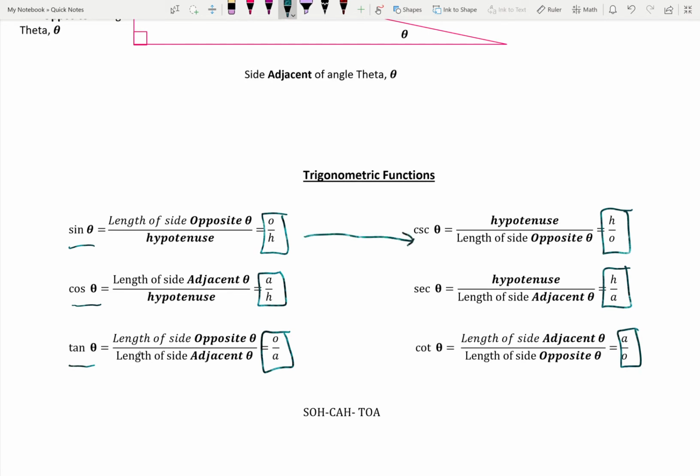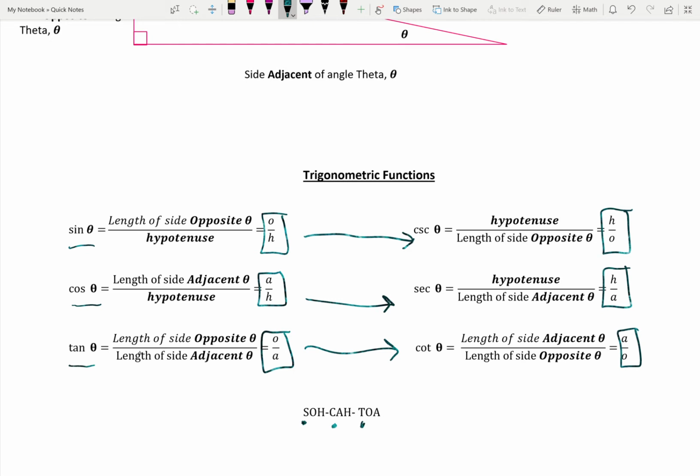This guy is the reciprocal of sine, this guy is the reciprocal of cosine, this guy is the reciprocal of tangent. And when I was in high school, which was a long time ago, they showed us this thing down here, and they pronounced it SOHCAHTOA. I still remember it, and it might help you guys too. SOHCAHTOA was kind of an abbreviation for remembering these trig functions. So this S stands for sine, this C stands for cosine, and this T stands for tangent.